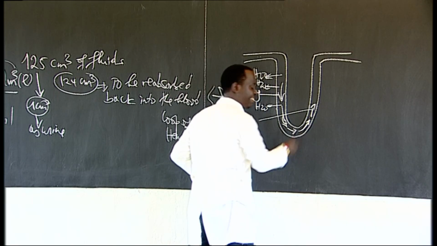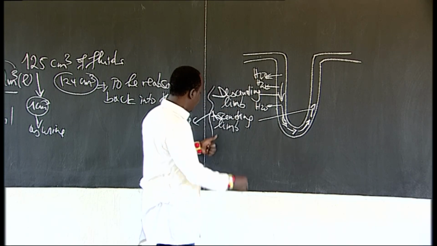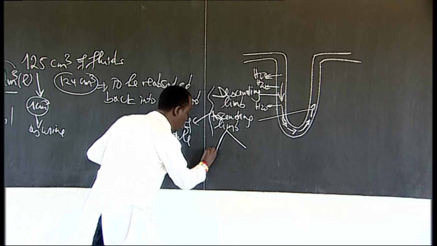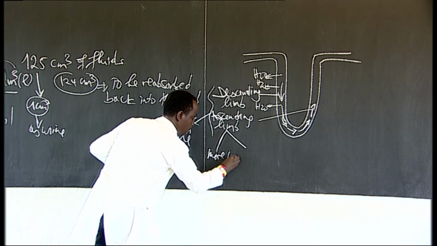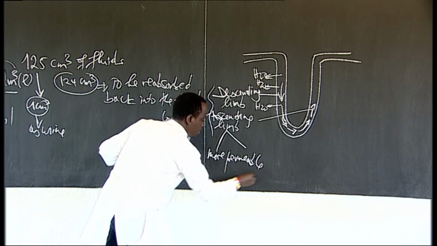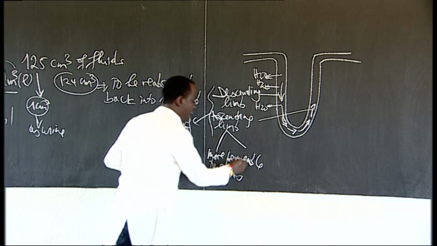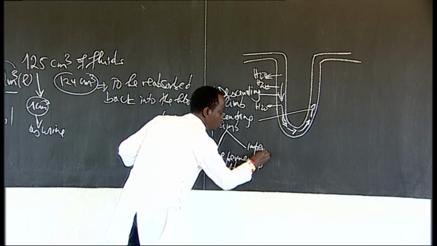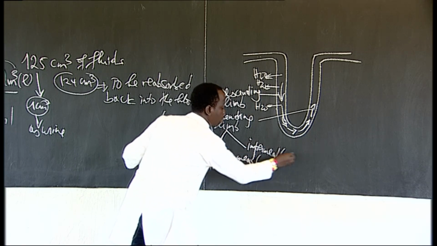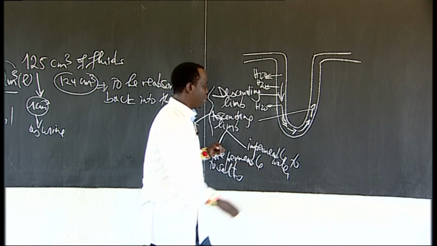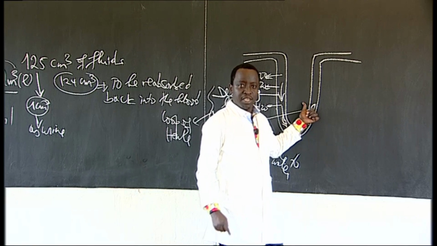To the ascending limb. Now, this ascending limb is more permeable to salts and totally impermeable to water. Are you getting this? Now, our urine gets here on this side.